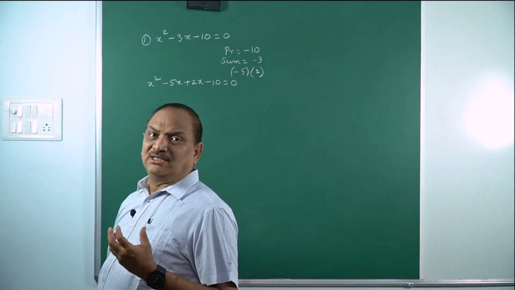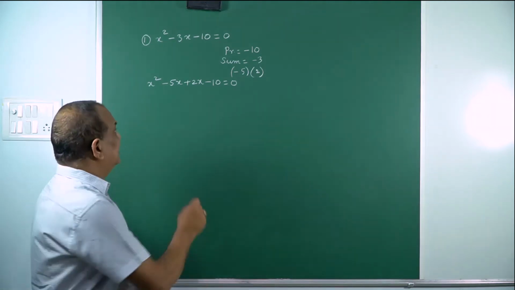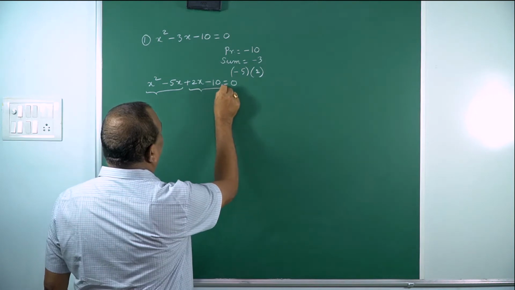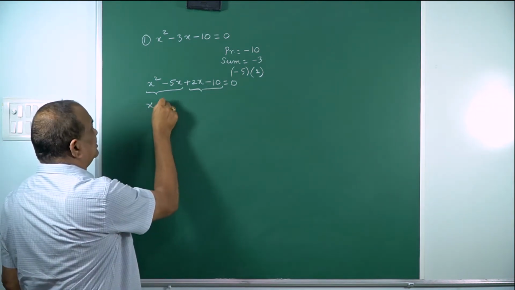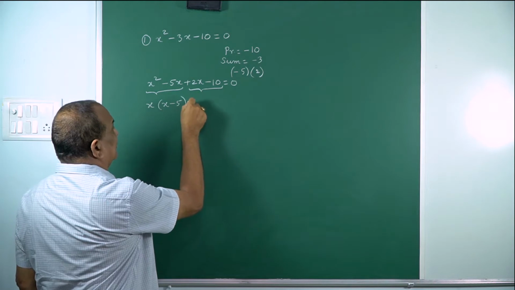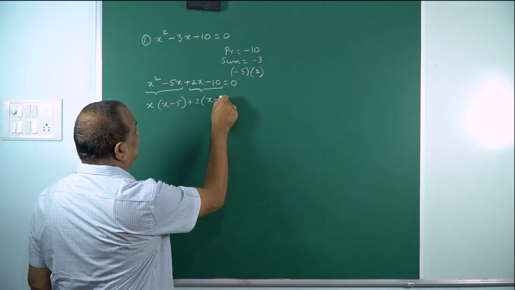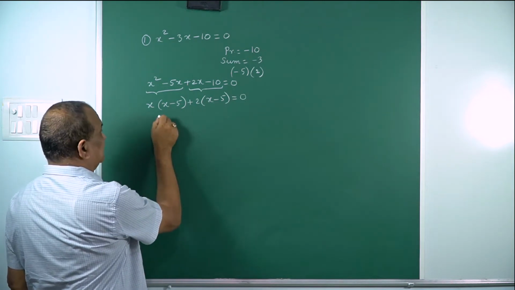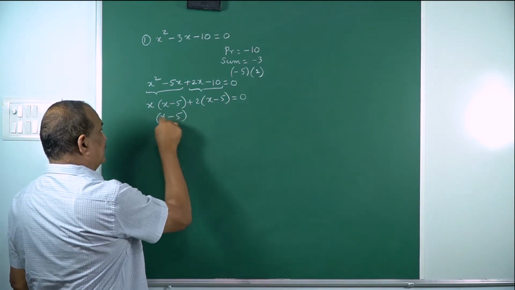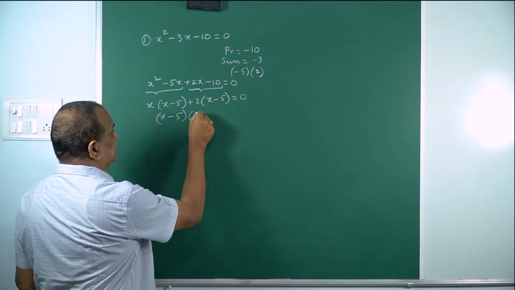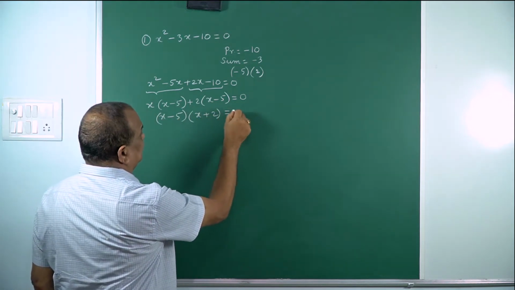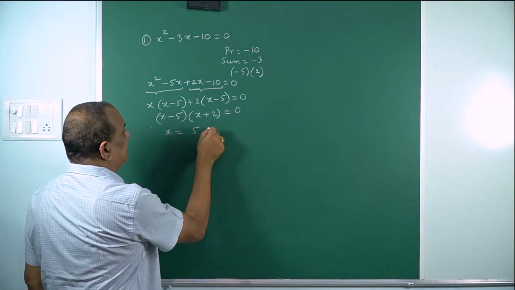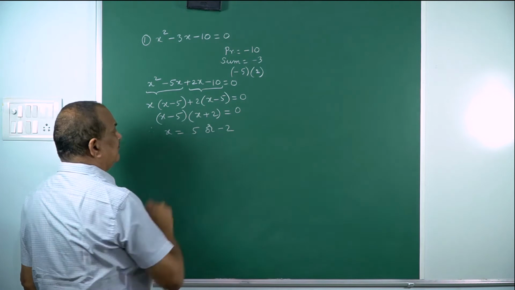In the first two terms you can take out x as a common factor, and from the last two you can take a constant 2: x times (x minus 5) plus 2 times (x minus 5) equals 0. If you take out x minus 5 as a common factor again, you are left with x plus 2 equals 0, and therefore the x value is either 5 or minus 2.